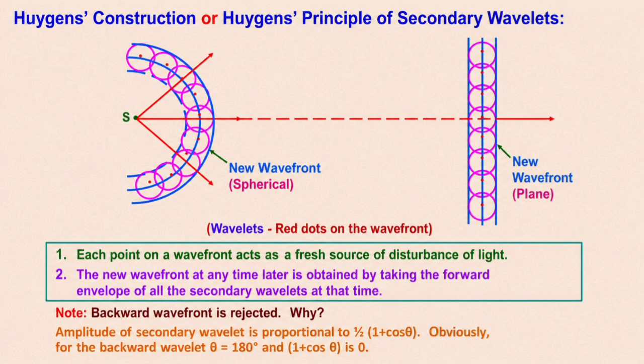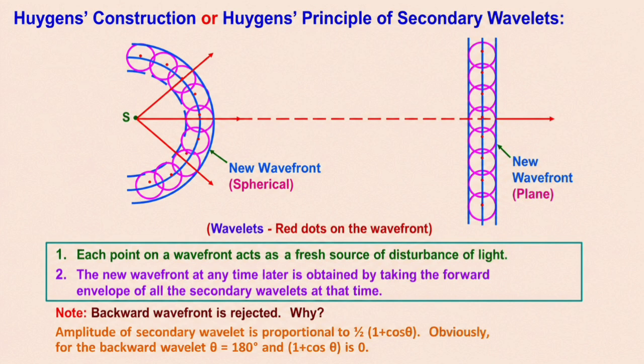So the new wavefront at any later time is obtained by taking the forward envelope of all the secondary wavelets at that time. Okay, now in the backward direction there will be no propagation of disturbance, right?